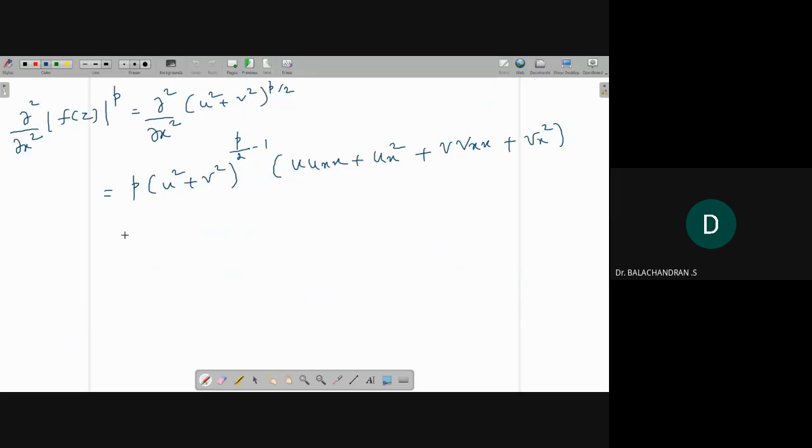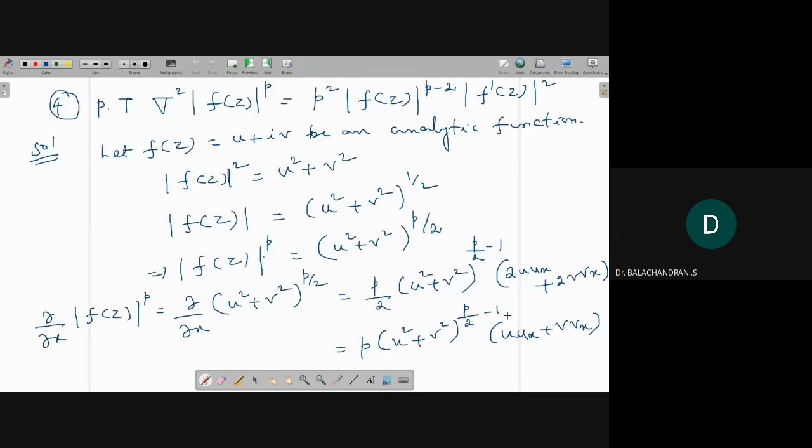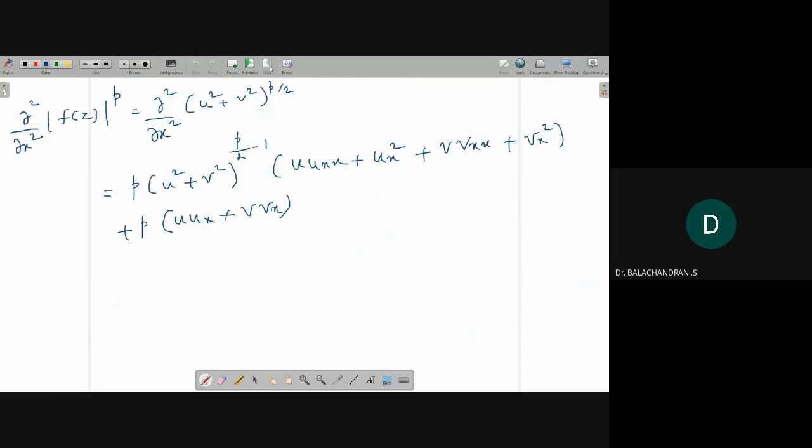So plus p into u into ux plus v into vx. If you differentiate this function, p by 2 minus 1 into u square plus v square whole power p by 2 minus 2, and then you need to differentiate u square plus v square once again. You'll get 2u ux plus 2v vx.